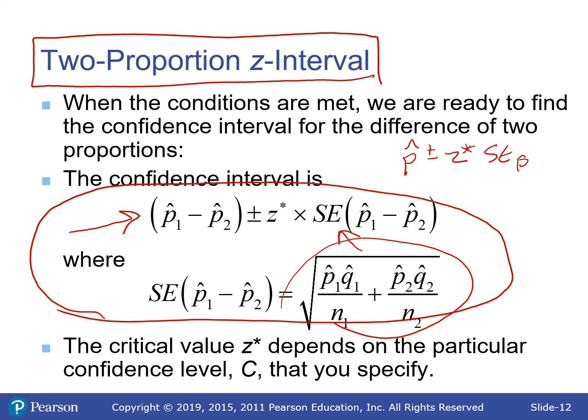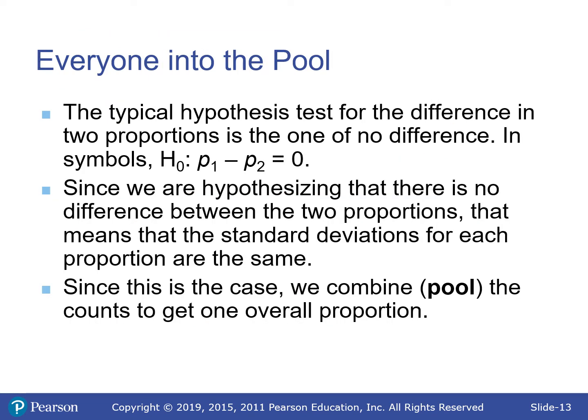So for a hypothesis test, and so the confidence interval, again, we were estimating the mean of that difference. Hypothesis test, we're going to test a hypothesis against an alternative. So the typical hypothesis test for a difference is going to have one of two hypotheses.